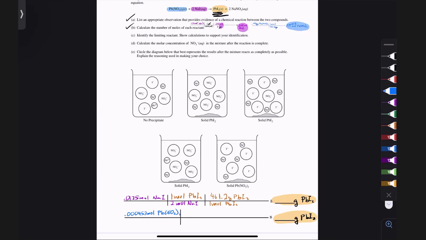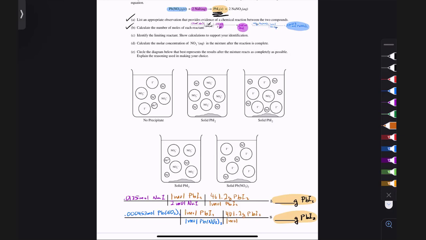Let's do the lead nitrate one next. According to my balanced equation, 1 mole of Pb(NO3)2 is to 1 mole of PbI2. And then I will do the molar mass yet again. 1 mole of this is 461.2 grams of PbI2.